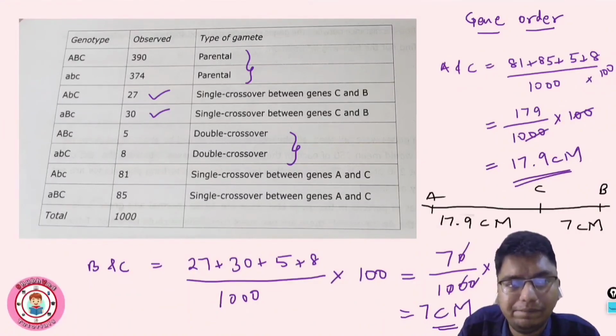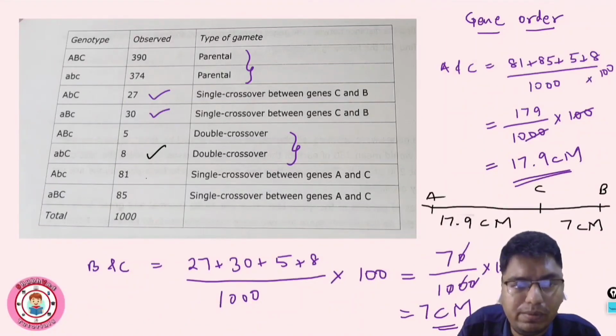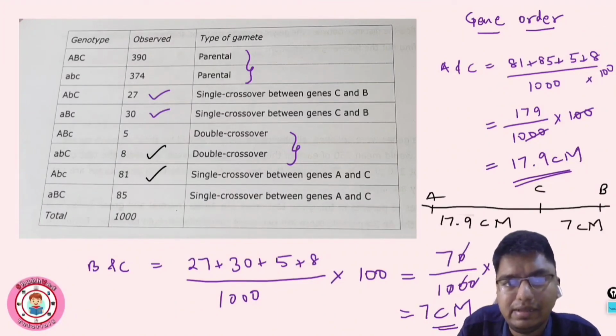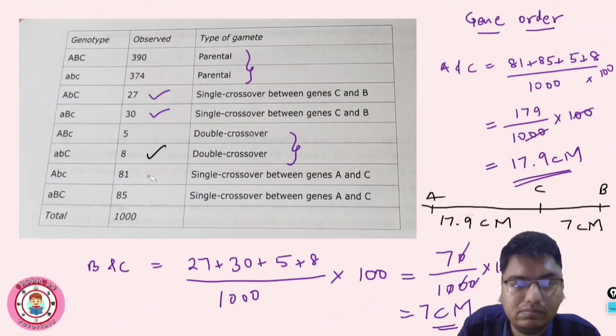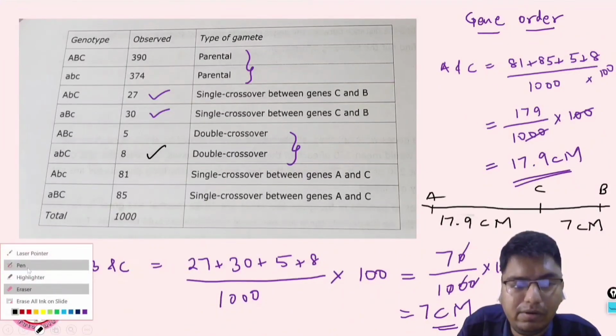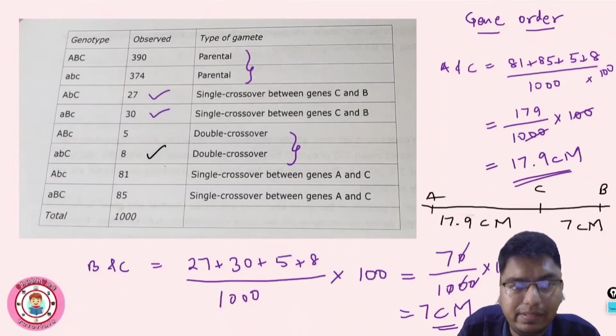As we did here. So suppose B and C is there, then we'll take those numbers 27 plus 30, and then the double crossover numbers also, plus 8 plus 31. Likewise with A and C we did 81 plus 85, and then double crossovers 5 and 8, right?